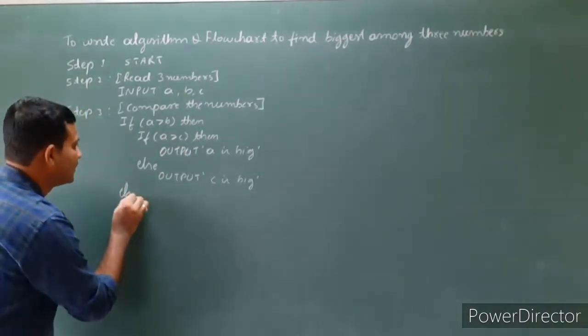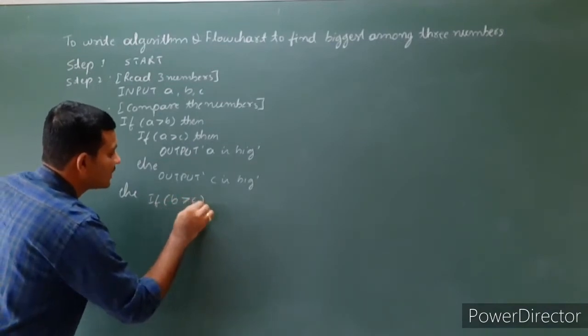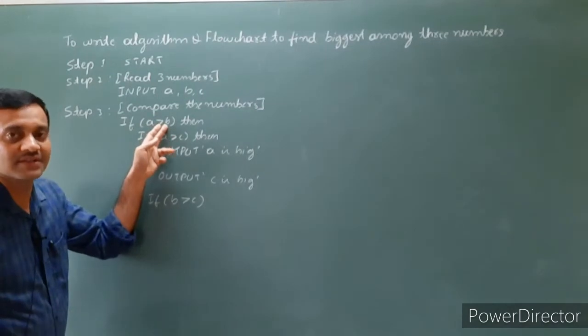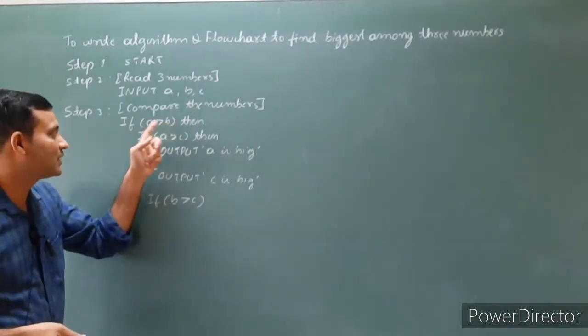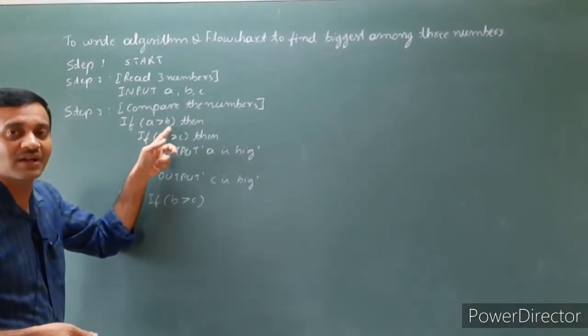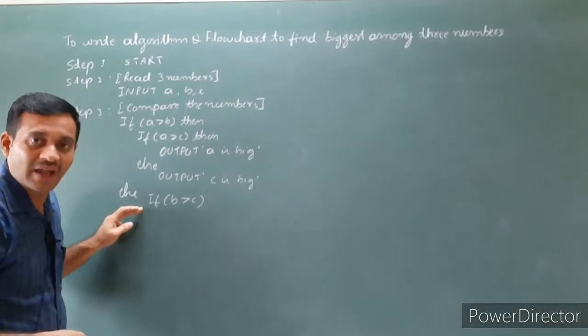Else, we compare the second number with C. When we execute the else part, if A greater than B returns false, the second number is the biggest out of these two. B is the biggest among A and B. So then we execute the else part.